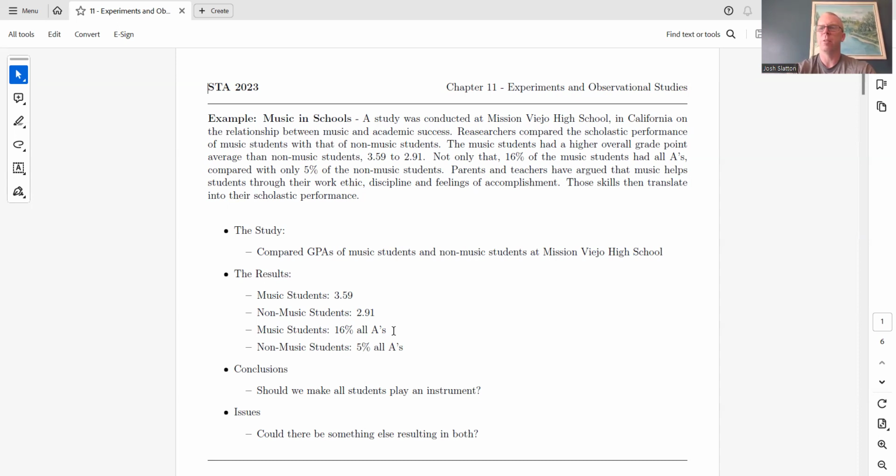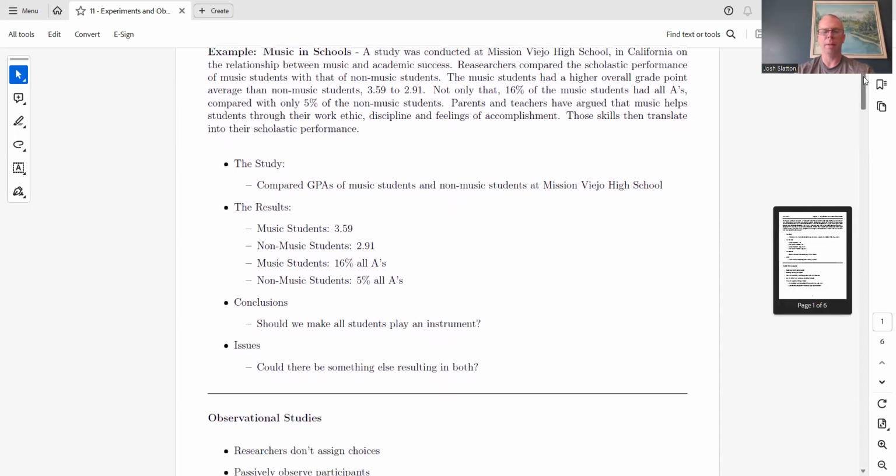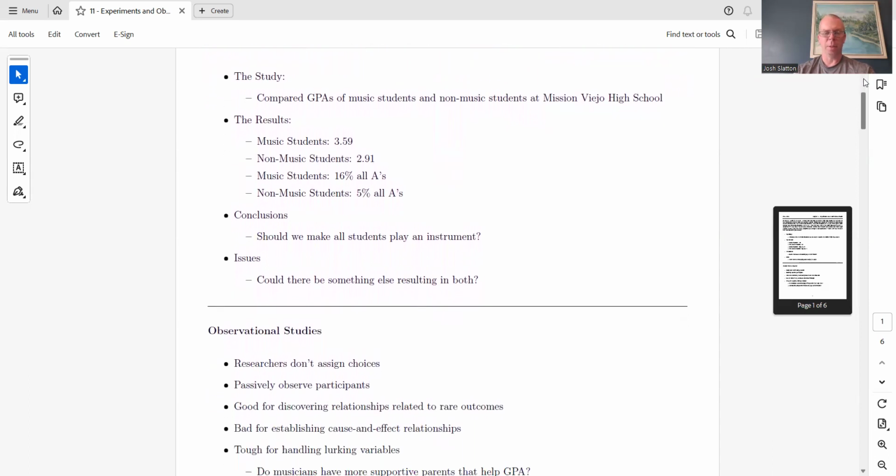Maybe it's not the instrument itself, it's just the class load for the music students versus the non-music students. Maybe it's parental involvement. Could be a number of things. And so the problem with an observational study is that there's no way to tell what those things might be. So we'll talk about how we might be able to fix that as we go along.